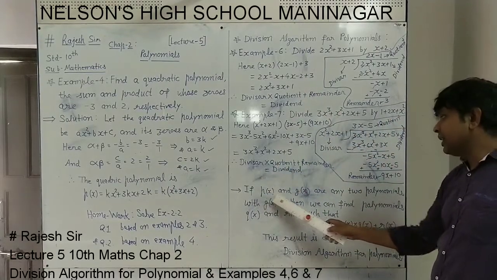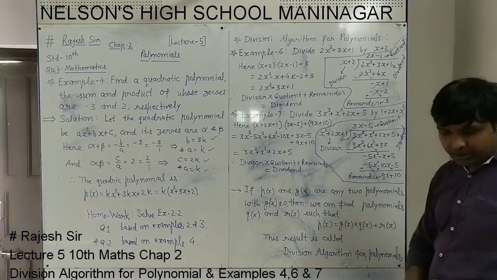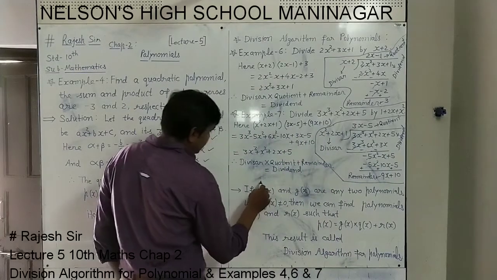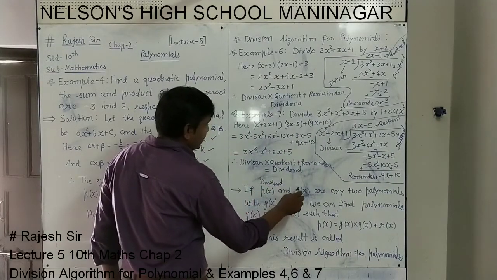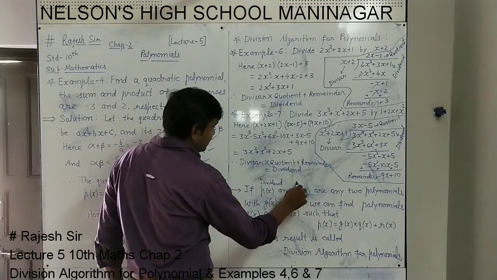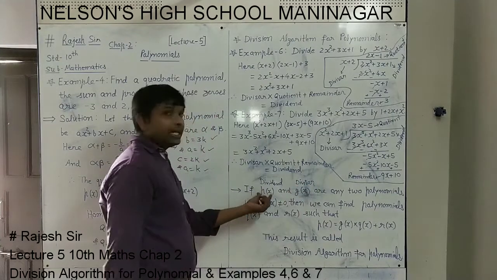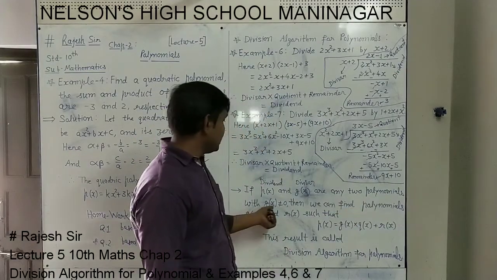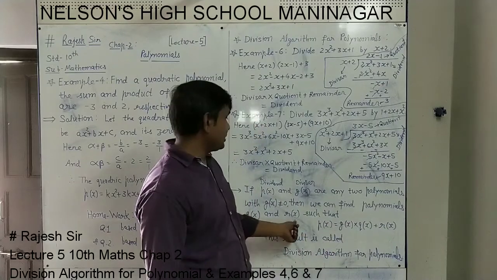If px and gx are any two polynomials, here to understand this we have to consider px as the dividend, gx we have to consider as the divisor. If we have dividend as px and divisor as gx, any two polynomials with gx not equal to 0, then we can find polynomials qx and rx.